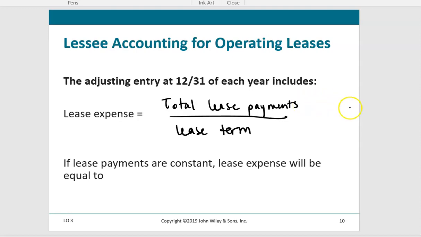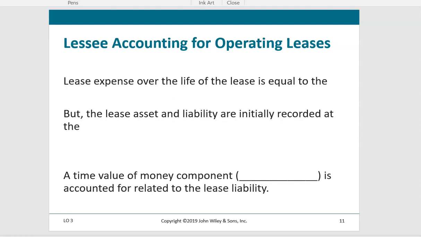If we say $17,620 times 3 for the numerator divided by the lease term of 3, of course, we're going to get our total lease expense equal to our periodic lease payment. That's not always the case. Remember, we had an example previously where lease payments increase by 4% each year. In that case, each lease payment would not be equal to the lease expense, of course. Lease expense over the life of the lease is equal to the total cash payments, of course.